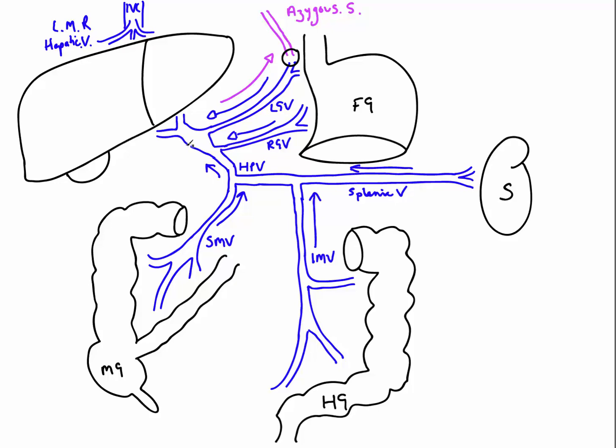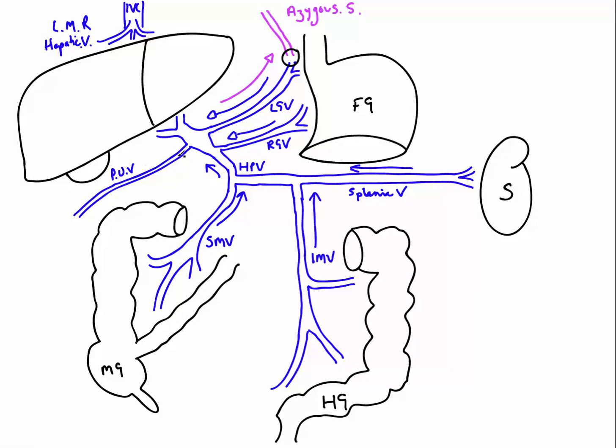A further portal systemic anastomosis is the para-umbilical veins that are running within the falciform ligament. And the falciform ligament, containing the ligamentum teres, passes towards the anterior abdominal wall at the level of the umbilicus. So here we have the para-umbilical veins.